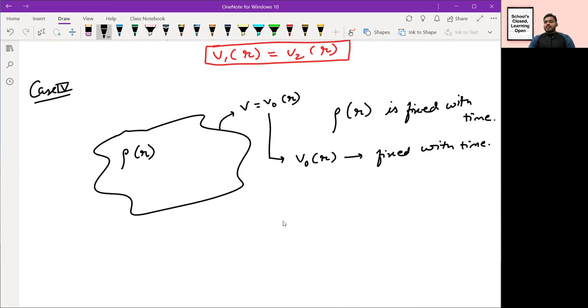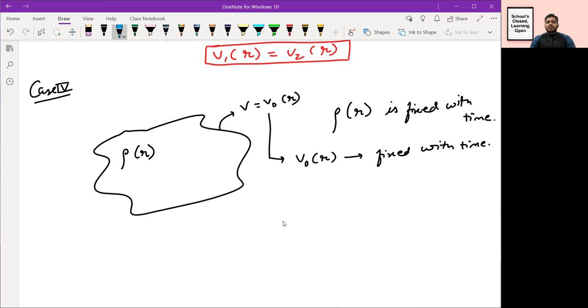Our claim again is that there will exist only a unique distribution of potential within the closed surface. What is our claim? Our claim is within this volume, within this closed surface, potential can have only one distribution. पोटेंशियल का एक ही फंक्शन आएगा, उसके 2 3 4 या इनफिनिट सॉल्यूशंस नहीं हो सकते. Now in order to find that, we are going to do it completely similar to case 3.